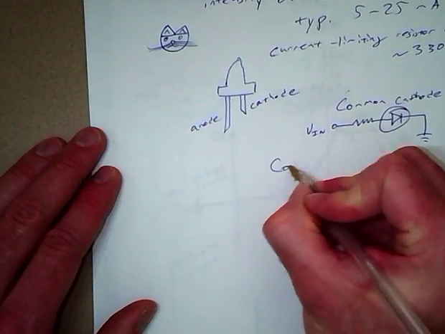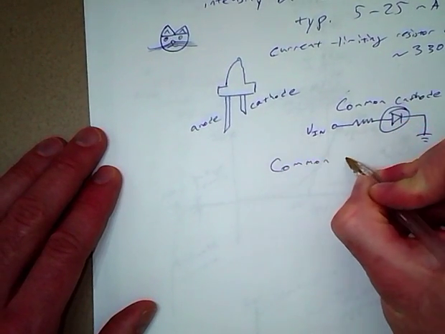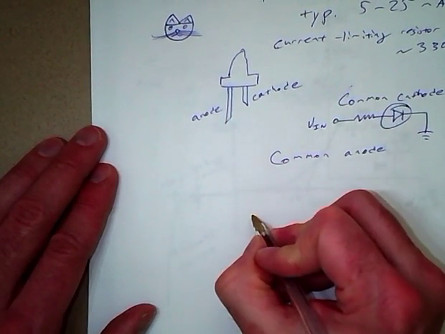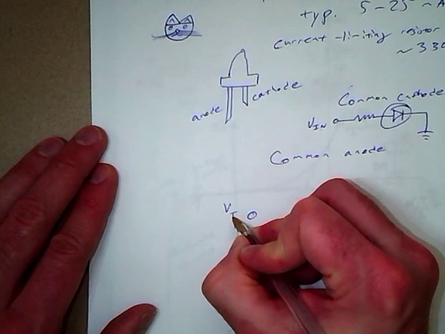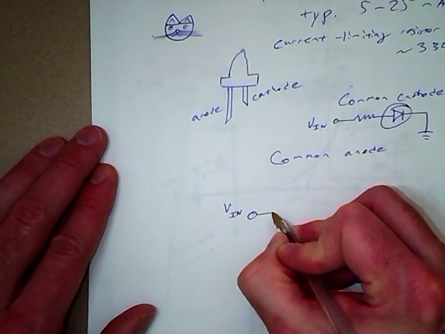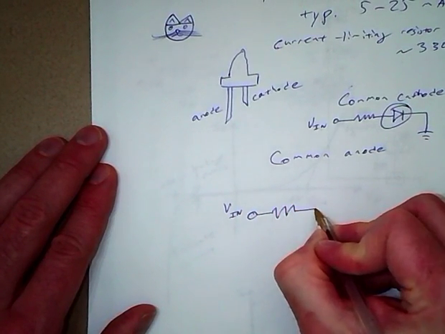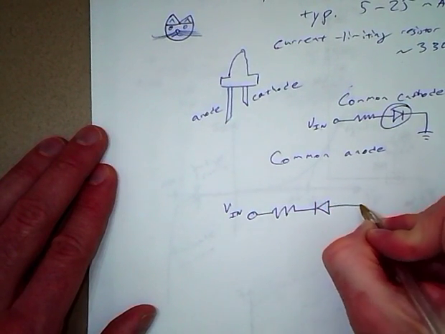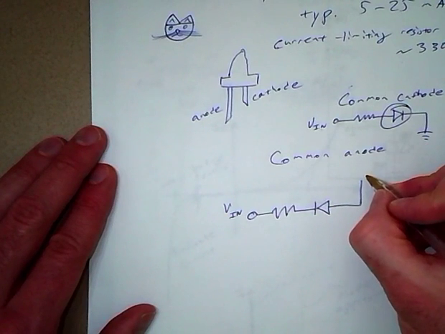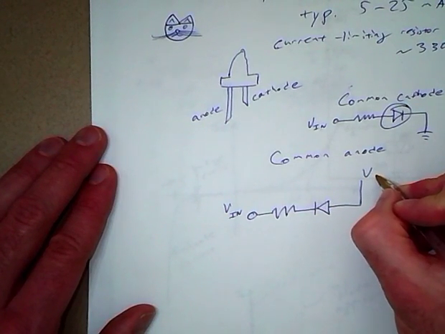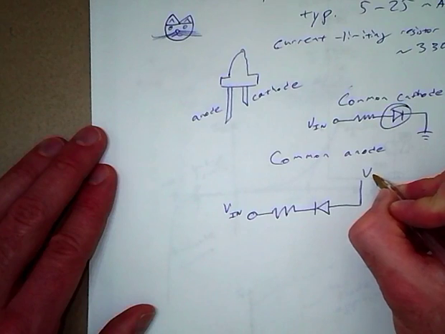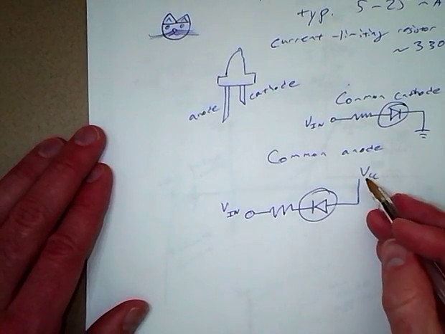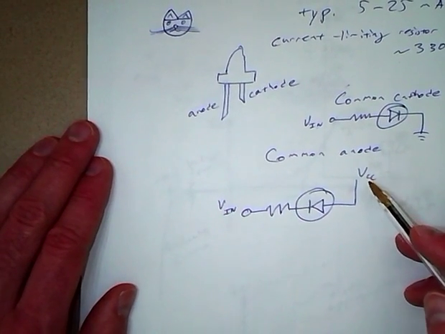And then the other configuration would be common anode. So here we have VIN once more, and our current limiting resistor. Now the LED is oriented the other way, and the anode is connected to a common voltage.